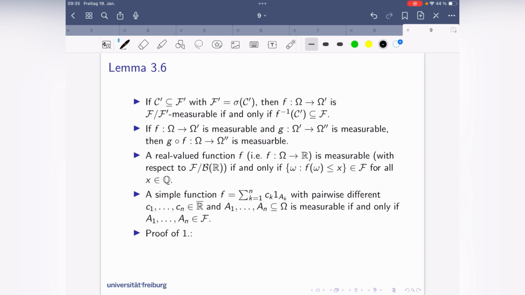So what I need is that F to the minus 1 of F prime is a subset of F. But here I can now make use of Lemma 3.2: F to the minus 1 of sigma of C prime. I can exchange the F to the minus 1 and the sigma, as we saw.